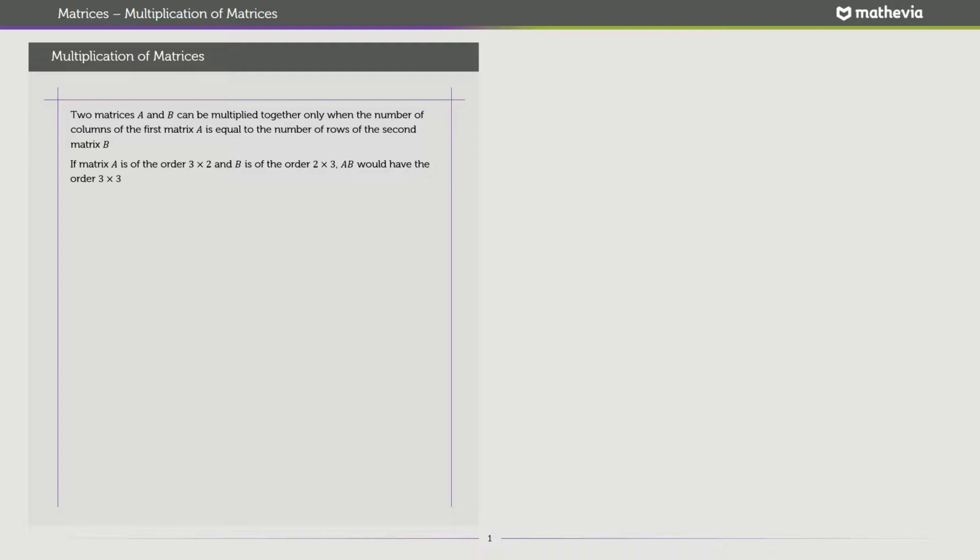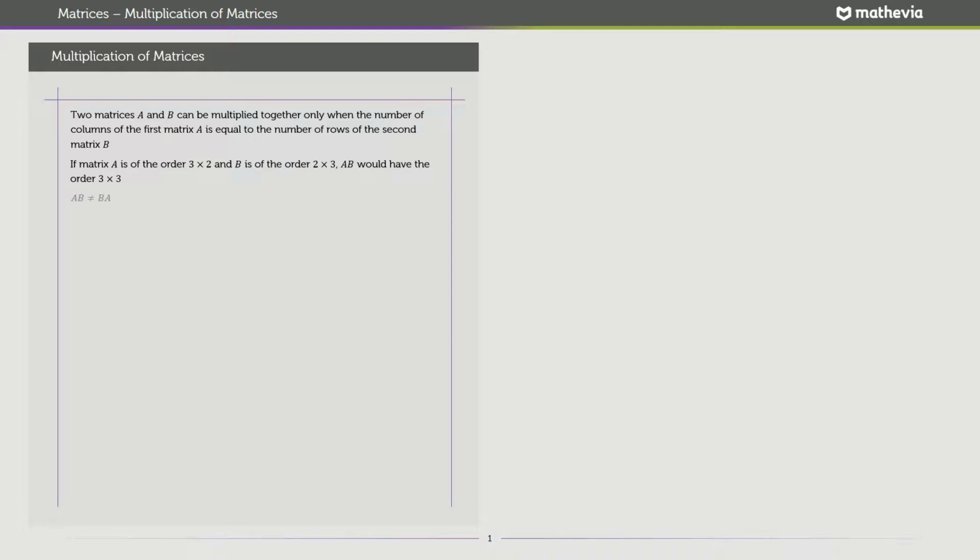And if you flip that around, if you multiply a 2 by 3 matrix by a 3 by 2 matrix, you end up with 2 by 2. So basically you take the two numbers at the extremes: 3 by 2 times 2 by 3 gives 3 by 3, and 2 by 3 times 3 by 2 gives 2 by 2.